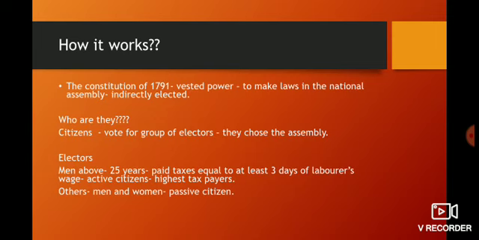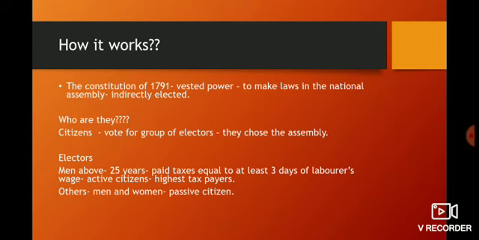Then how does it work, children? The Constitution of 1791. The power to make laws in the assembly was given to indirectly elected people. What is meant by indirectly elected people? We'll see that.